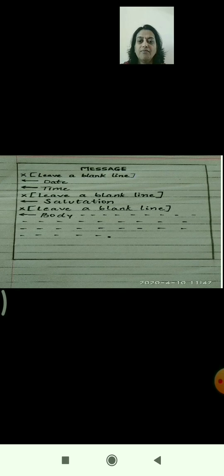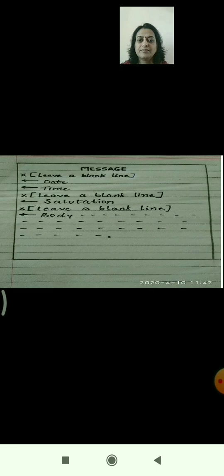Then we started with the body of the message, 3 to 4 sentences. So 3 to 4 lines it can be, approximately 40 to 50 words. So that will be your main body of the message.